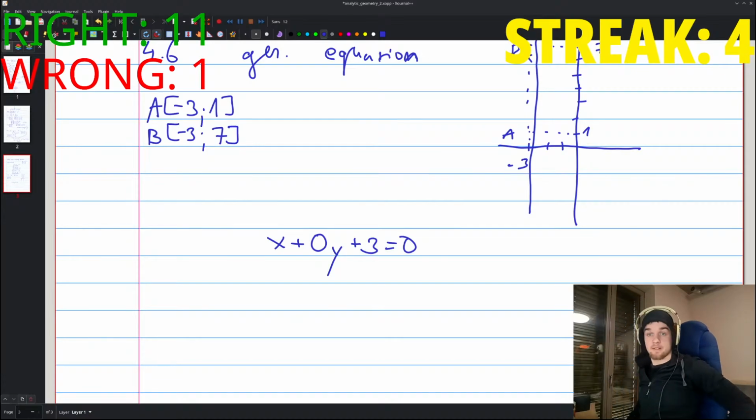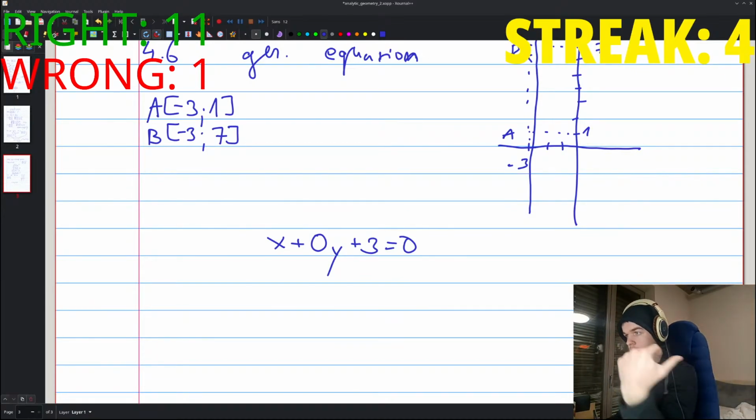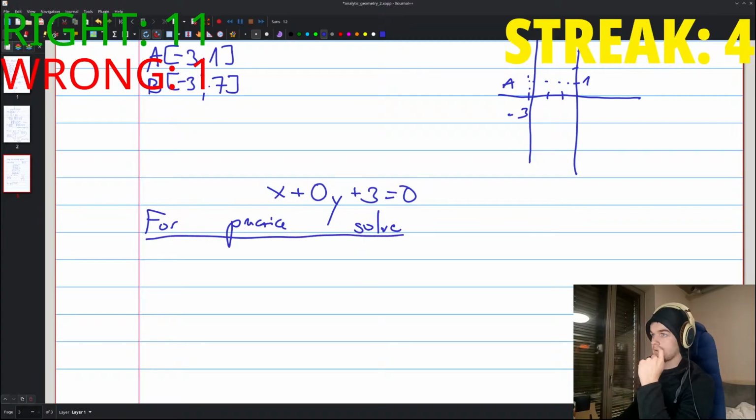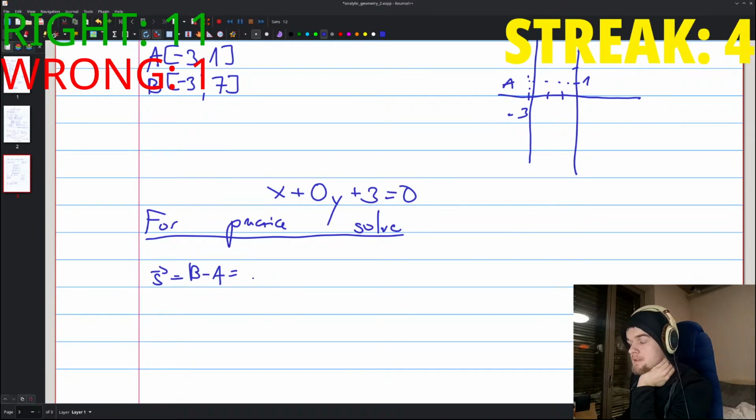But just for practice, let's solve it. So let's get the pointer vector, which is b minus a, which is of course minus 3 minus minus 3, so that's 0, and 7 minus 1 is 6.